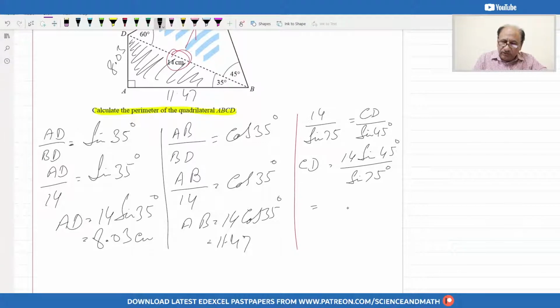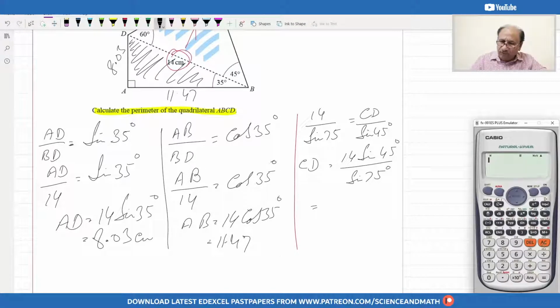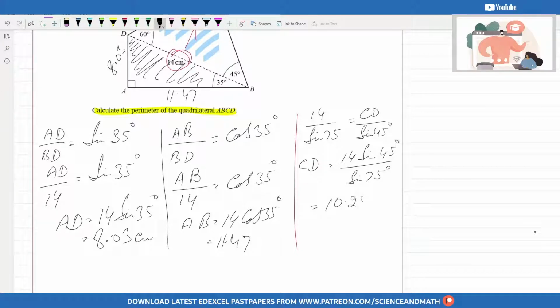In decimal this will be 10.25, up to 2 decimal places.